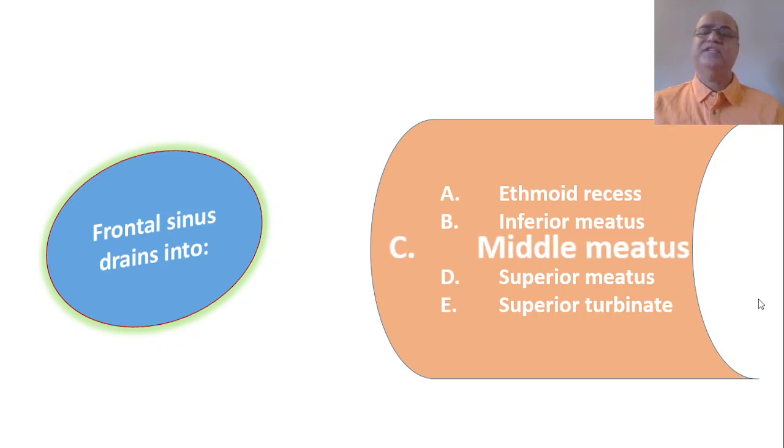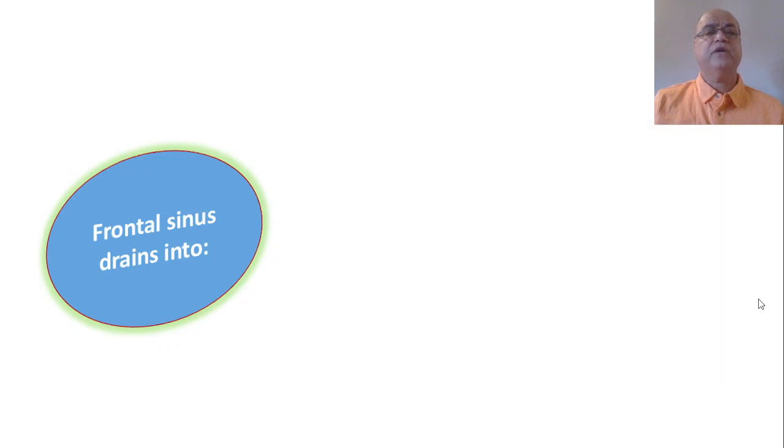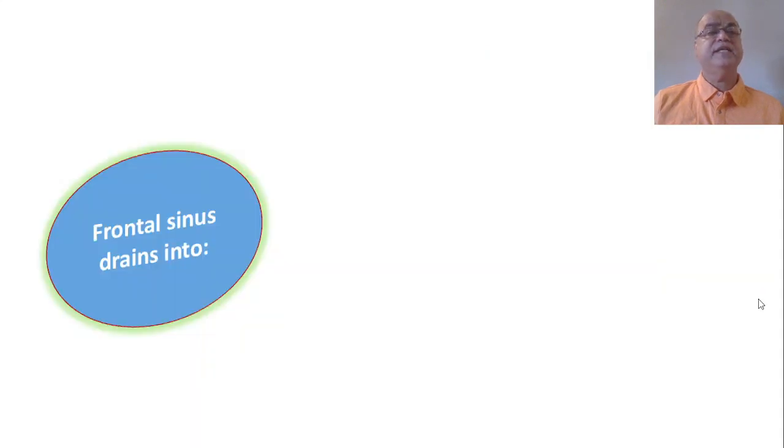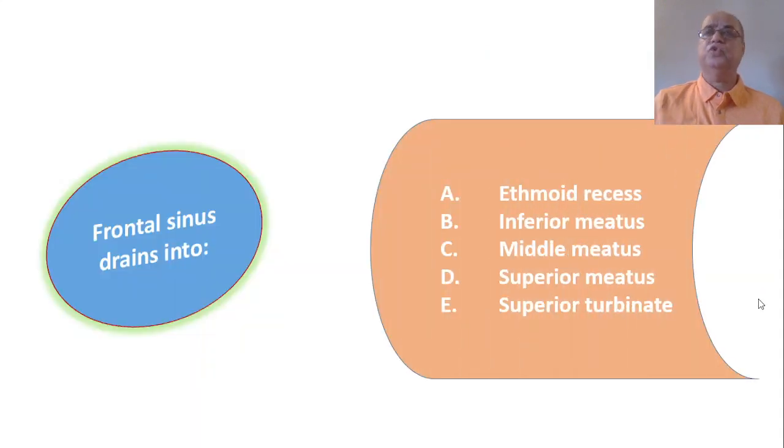Now the first question and the second one are the same. In the first one, he asked about the frontonasal duct, which is the duct that drains the frontal sinus. So just by changing the words, the question remains basically the same. The frontal sinus or frontonasal duct opens into the middle meatus.